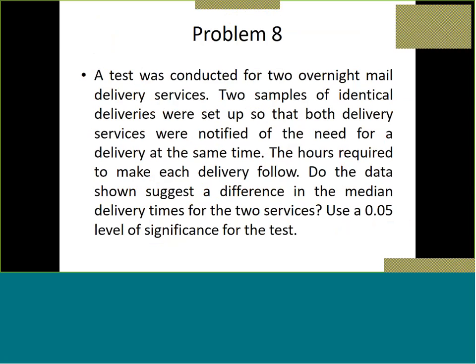This problem: a test was conducted for 2 overnight mail delivery services. 2 samples of identical deliveries were set up so that both delivery services were notified of the need for a delivery at the same time. The hours required to make each delivery follow. Do the data shown suggest a difference in the median delivery times for the 2 services?